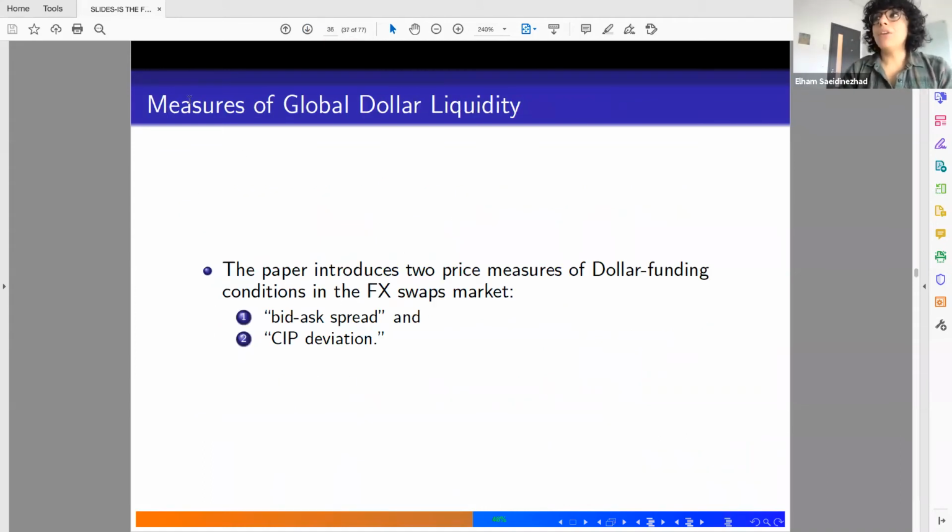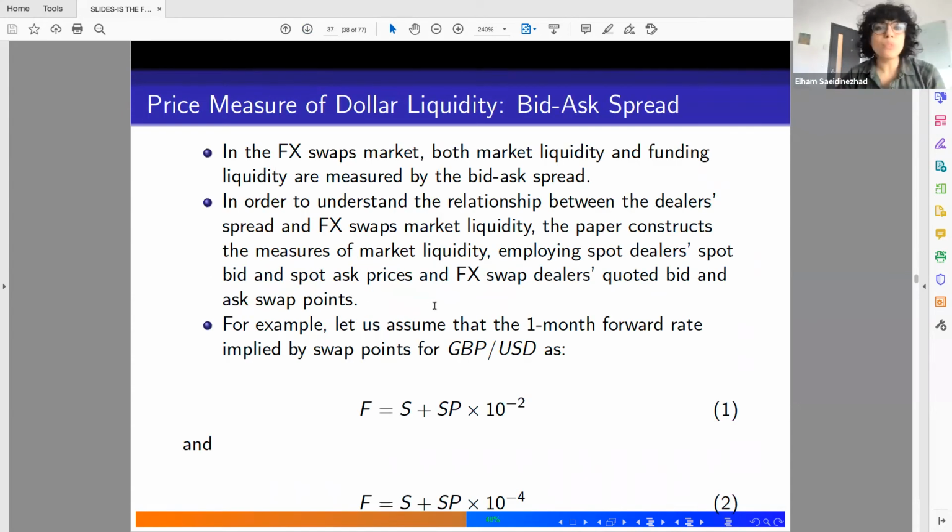In this paper, I have developed two different measures of global dollar funding, which are the bid-ask spread and the CIP deviation, in order to measure and capture the dollar funding condition in the FX swap market. I have already talked about these two measures.